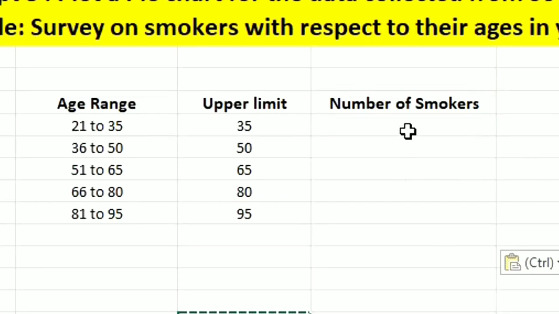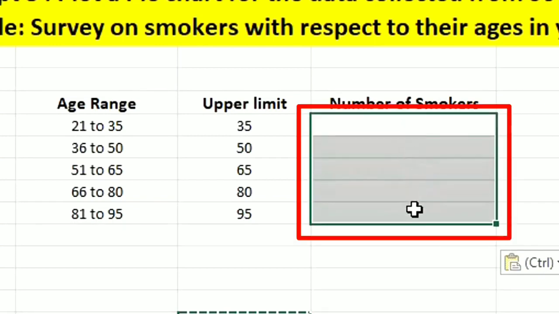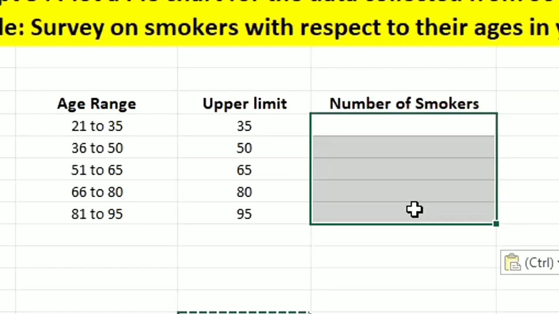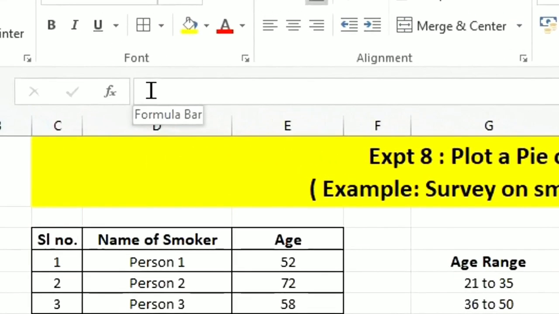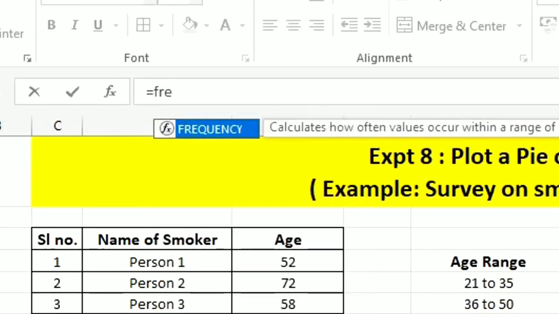To find out the frequency, I'm going to select these 5 cells first. After selecting these 5 cells, you can see the formula bar. In that formula bar you need to type equals FREQUENCY. Here you will get it, double click on it.